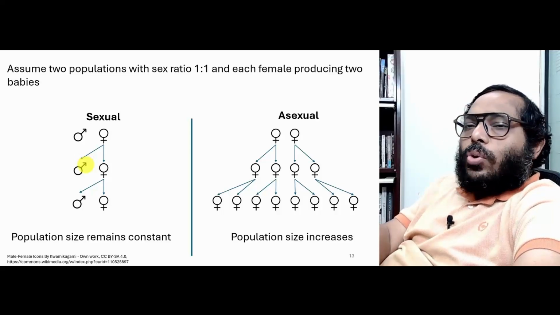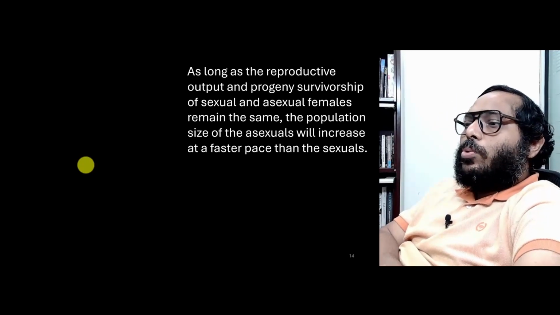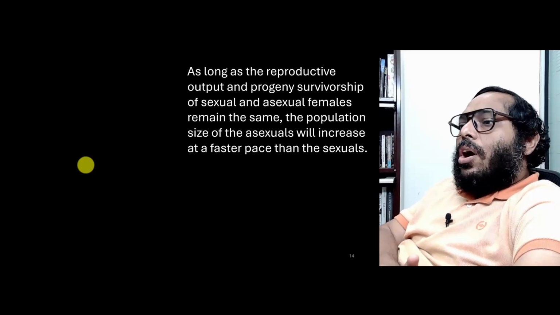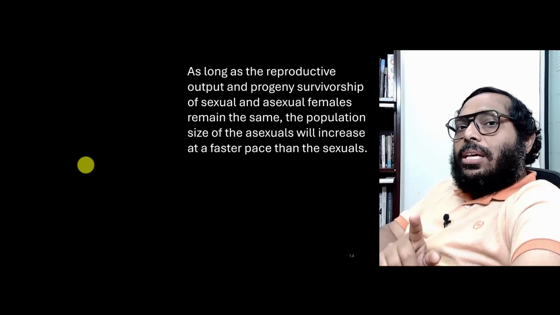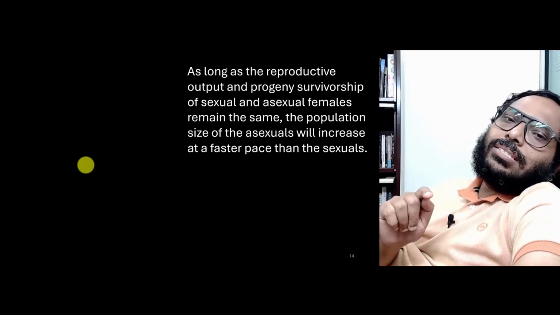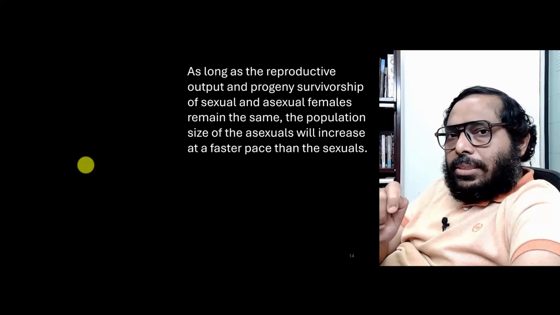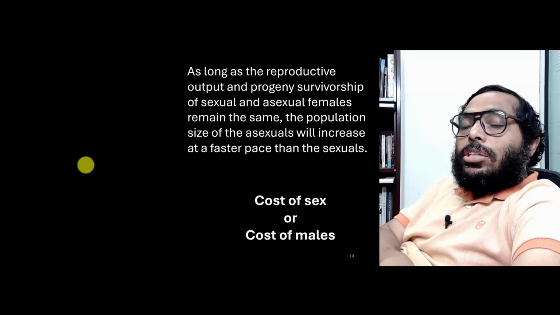And this is what is formally stated in this way, that as long as the reproductive output and the progeny survivorship of sexual and asexual females remain the same, the population size of the asexuals will increase at a faster pace than the sexuals. And this is what is known as the cost of sex or the cost of males.